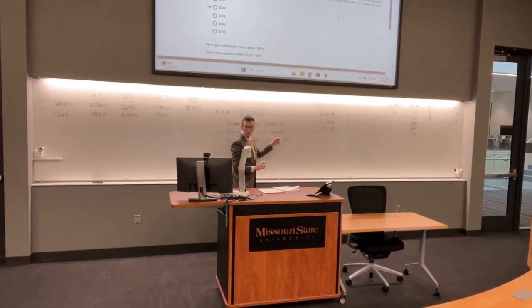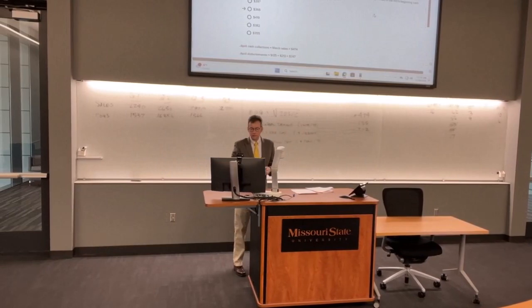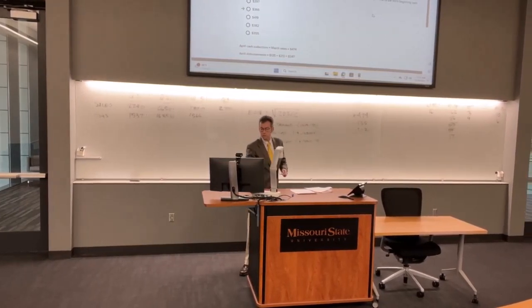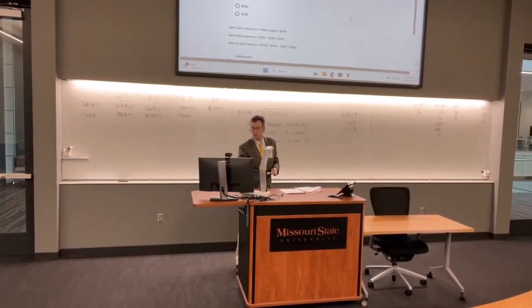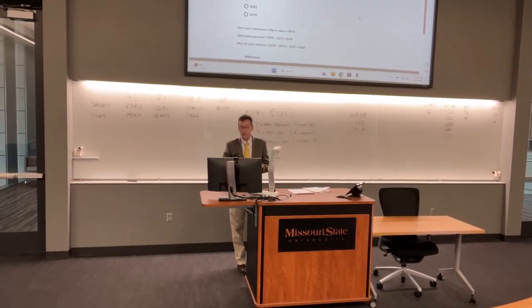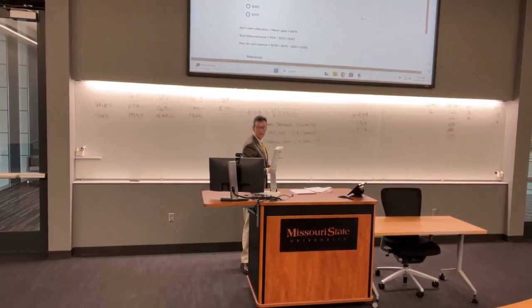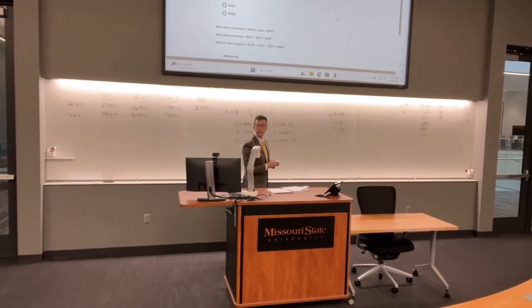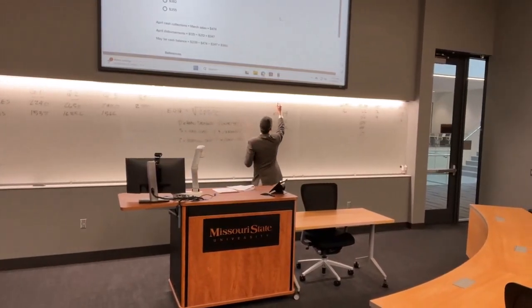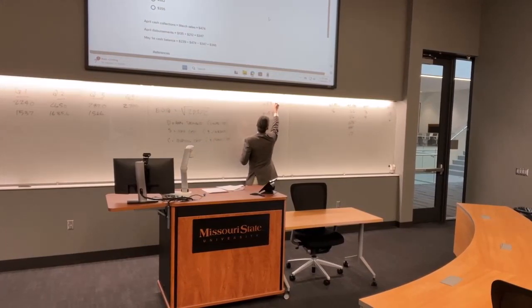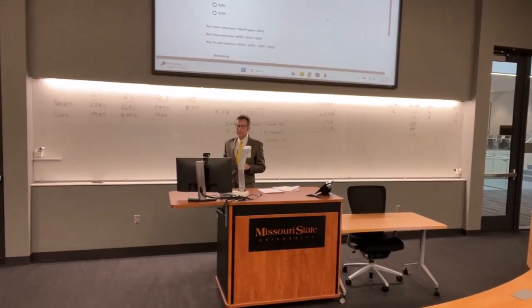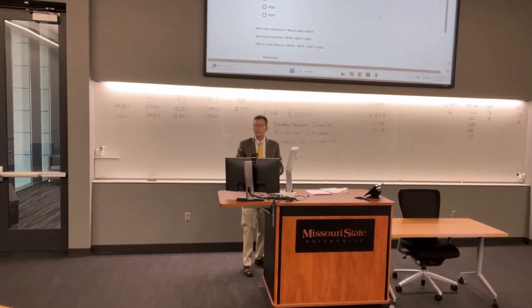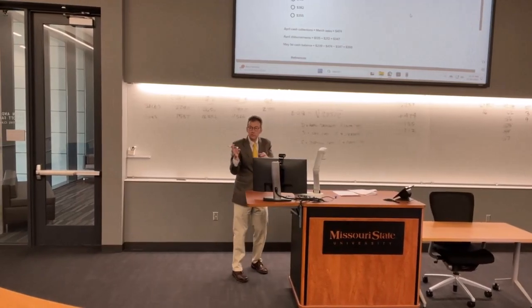And what else did they tell us? That we started with an initial cash balance of $239. Now let's see what that says on April 1st. Yeah, okay, so at the beginning of the month, they've got $239.